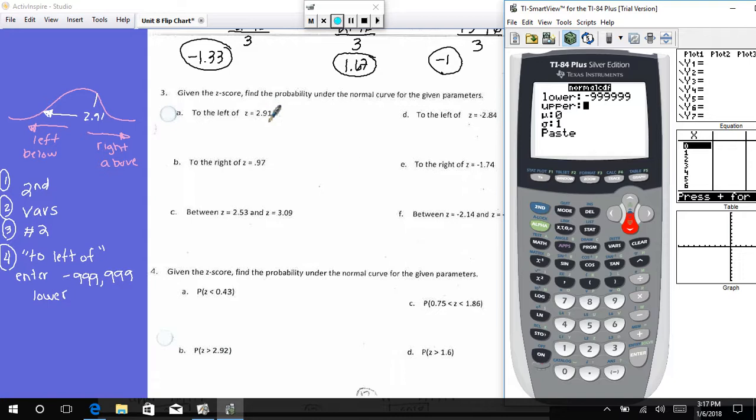In my upper part, we are going to put our upper z-score of 2.91.